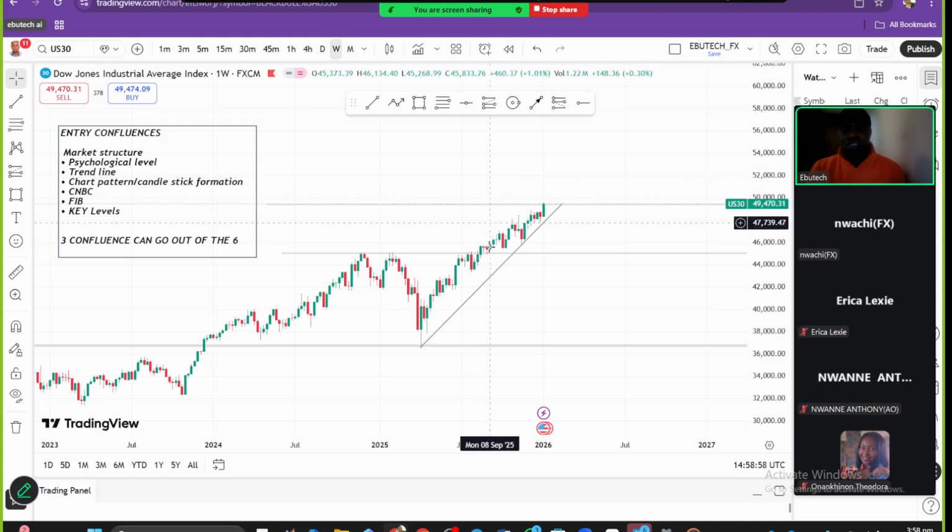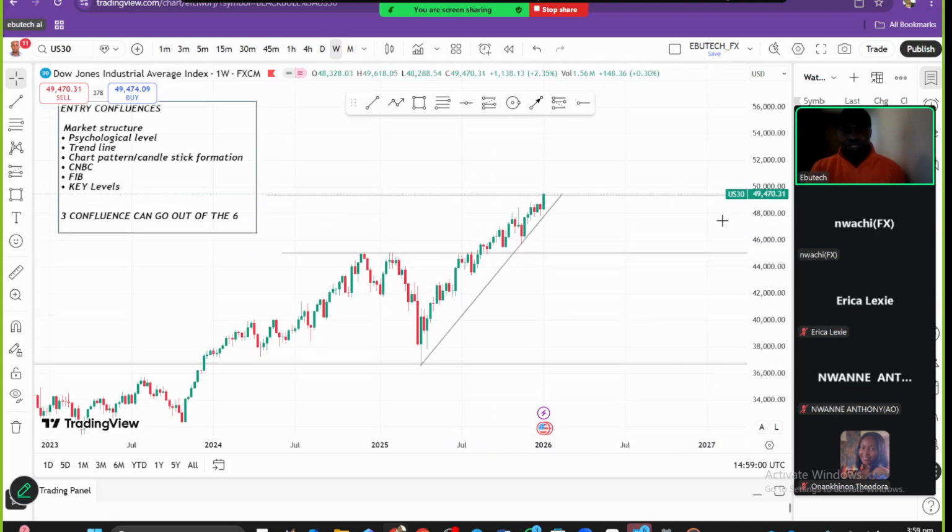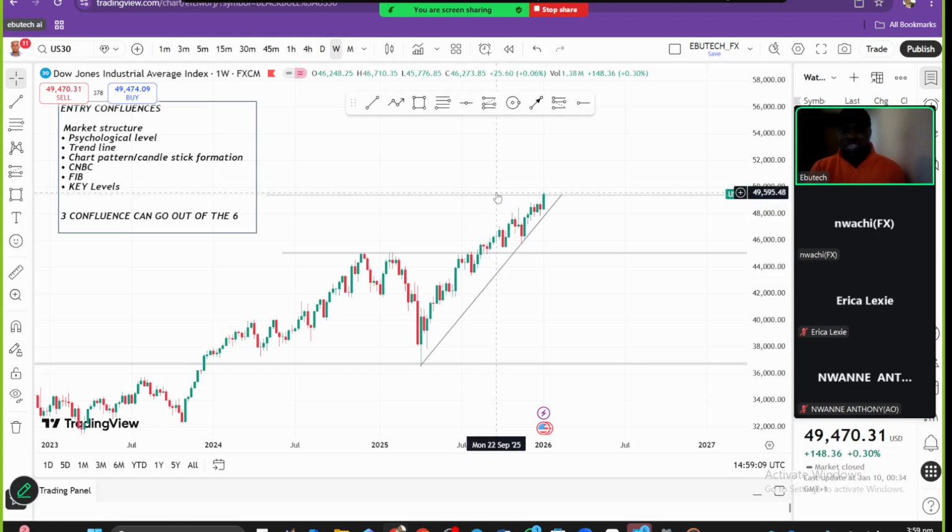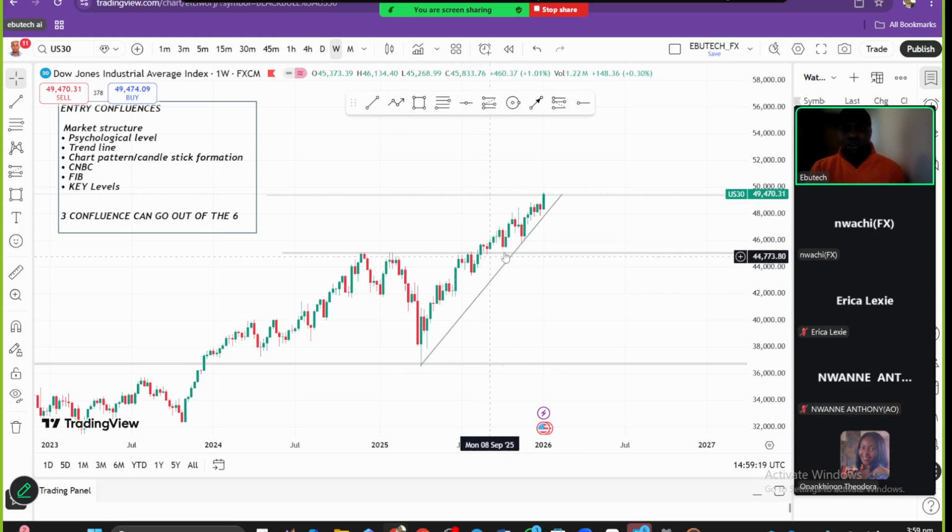You understand? So now we have marked out the monthly zones. This is the highest level that the market has gotten into. This is the highest level, and this is the lowest, and this is the second lowest. So our expectation is that this is already an uptrend.